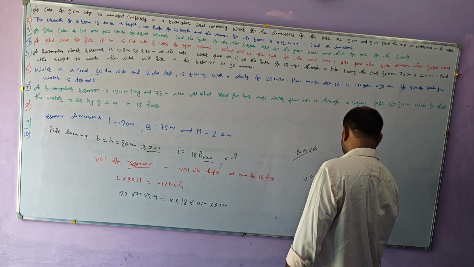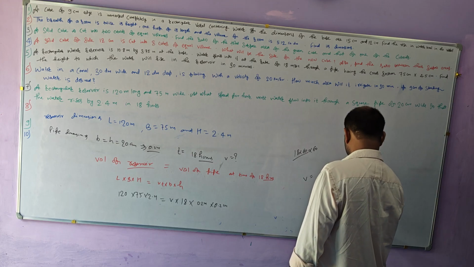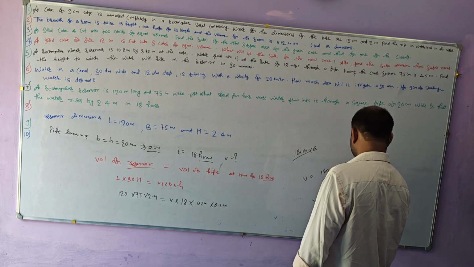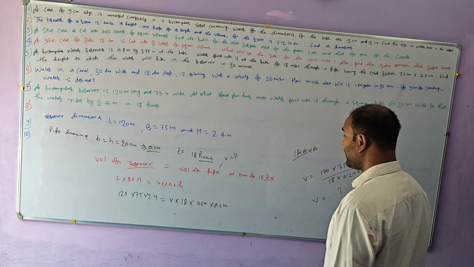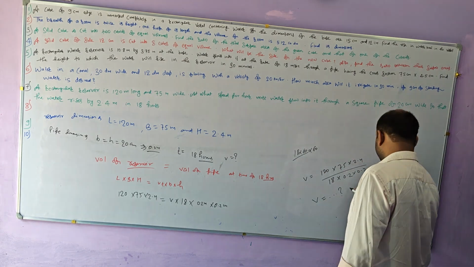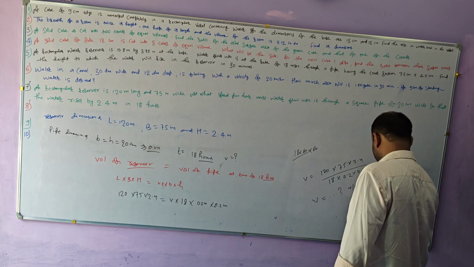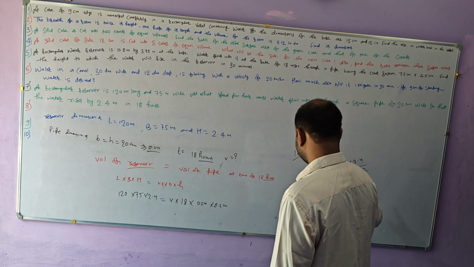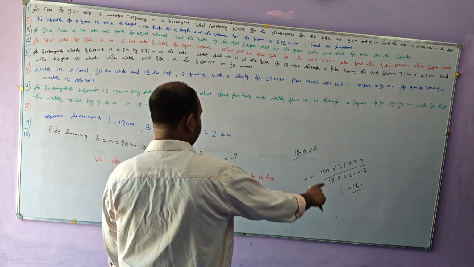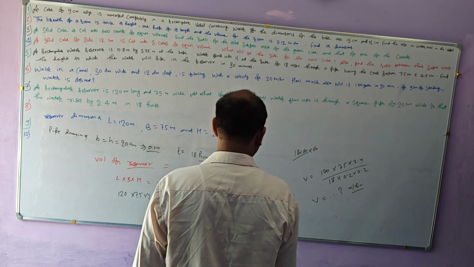When we solve this, we get V equal to something, and that has a unit of meter per hour, not per second. From this we got meter per hour.